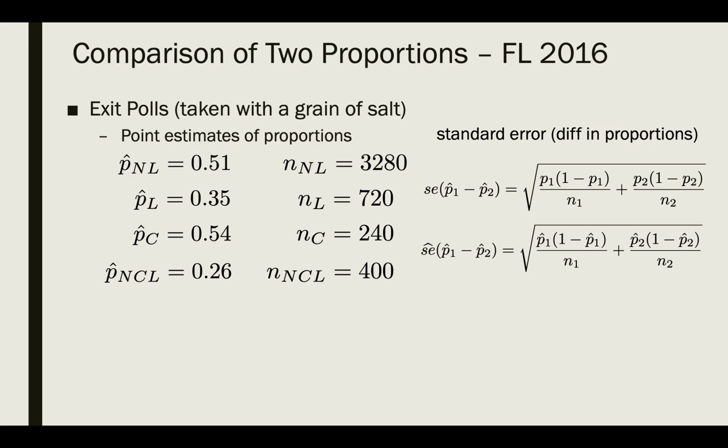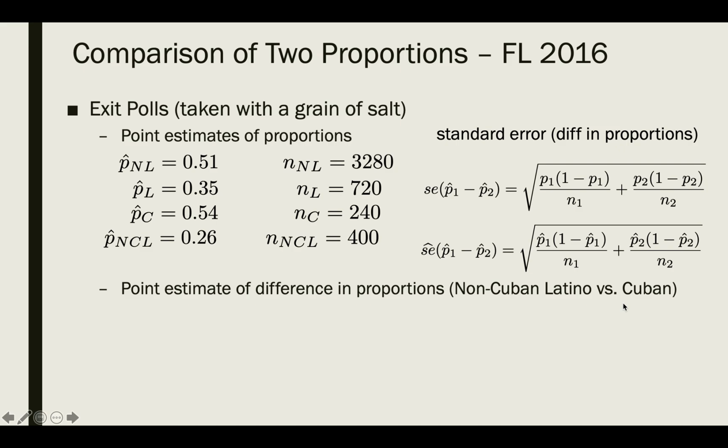So just another reminder, as before, we can't really get the exact standard error, which is based on the actual proportions p1 and p2. We have an estimated standard error based on the estimates of those proportions. And starting with the point estimate of the difference, well, that's the easy part.